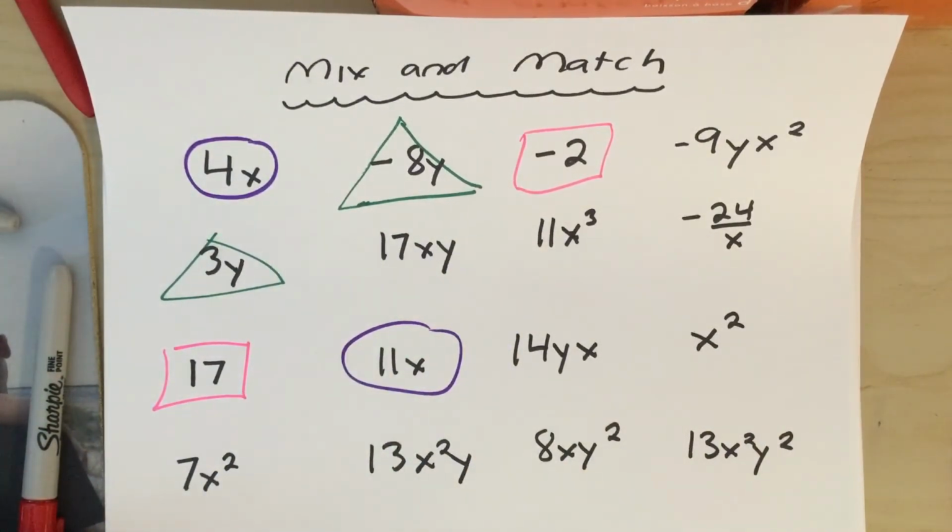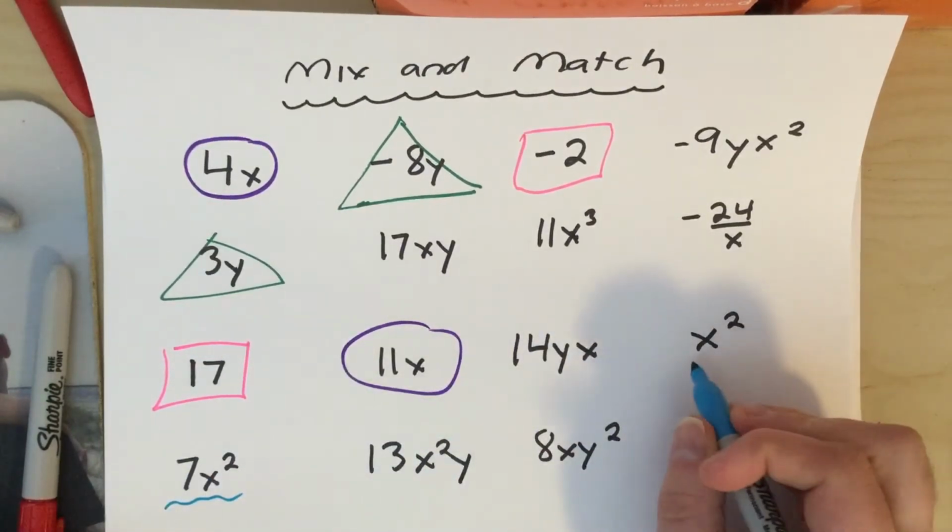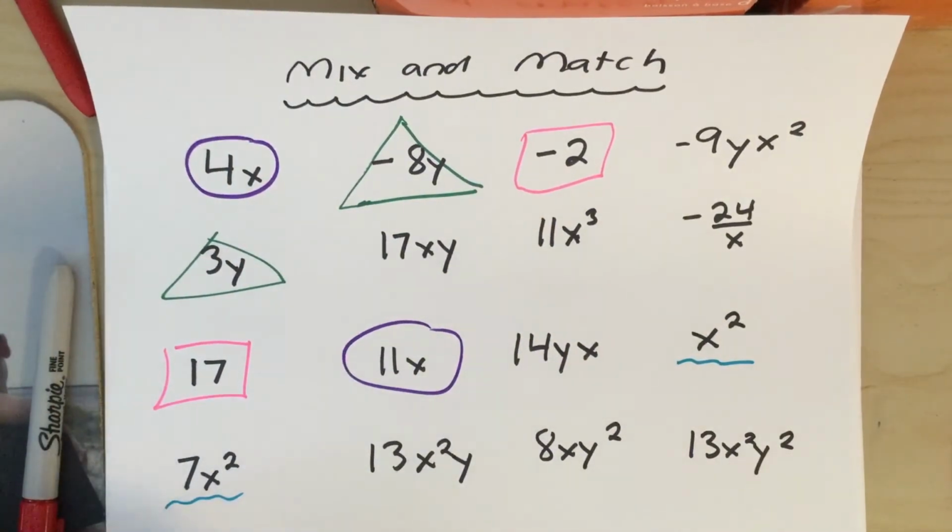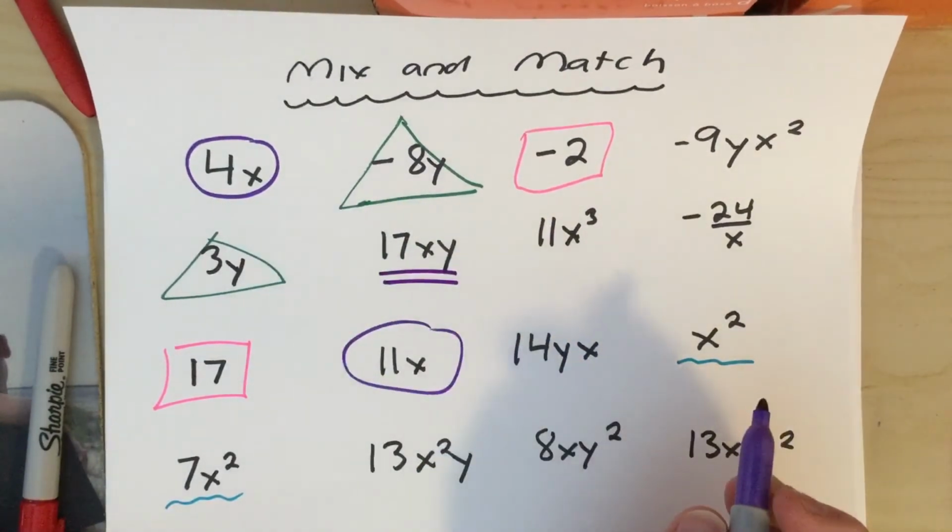Okay. 7x squared, that's going to be the same as x squared, so these two are like terms. I think I've kind of run out of colors here. xy, 17xy.